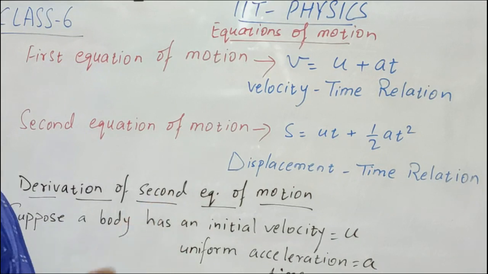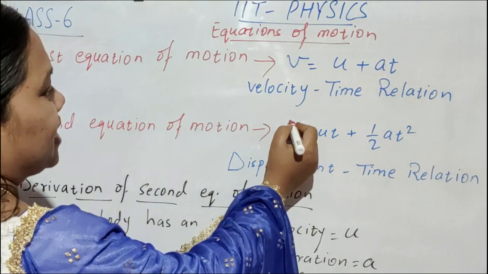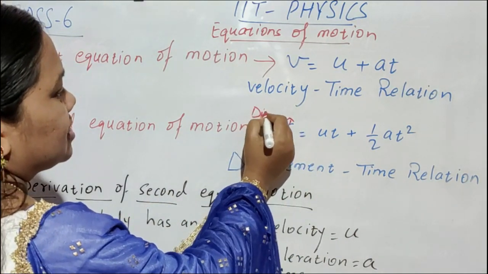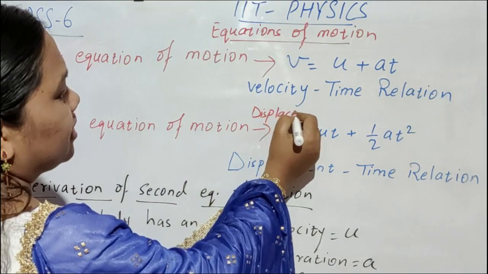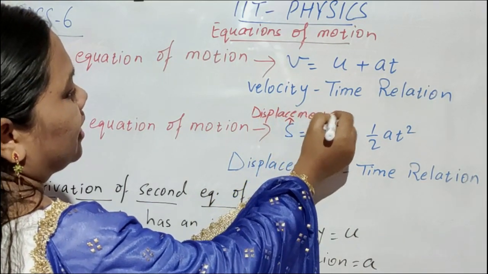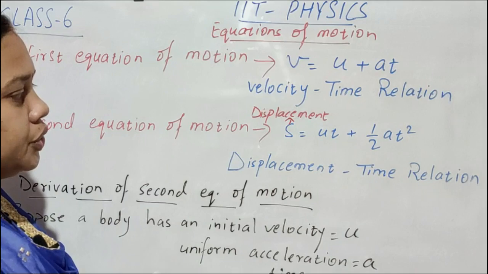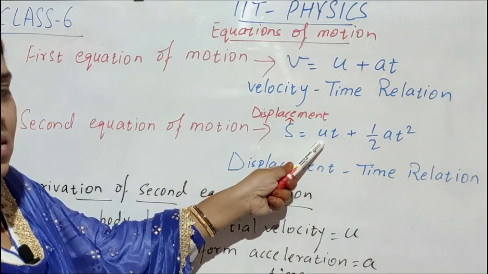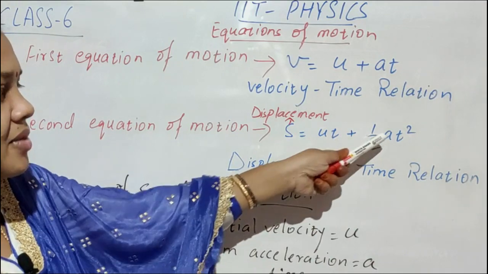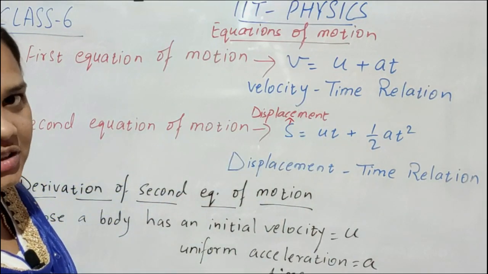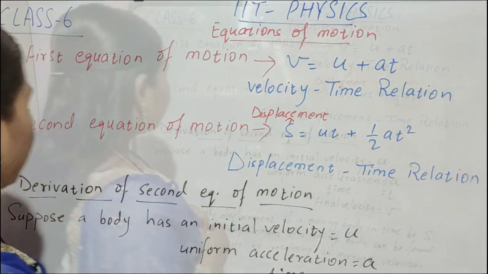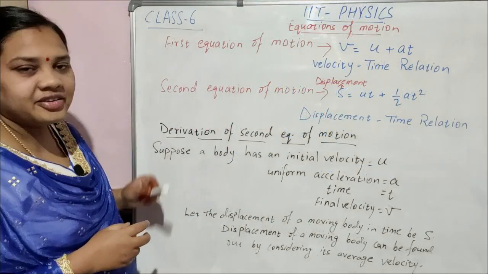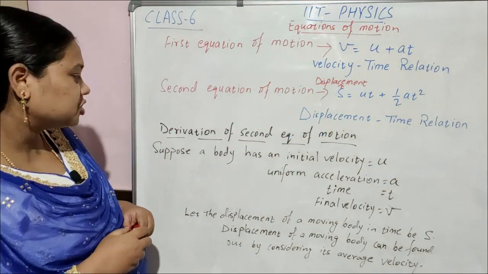S stands for displacement. Clear children? S is equal to UT plus half AT square. What is U? Initial velocity, T is time, A is uniform acceleration. Clear? So let's start the derivation for the second equation of motion.